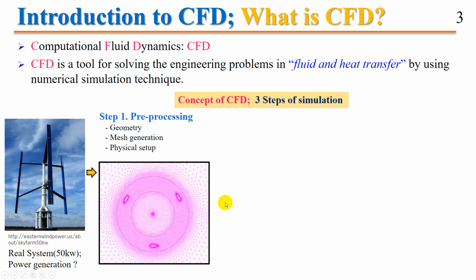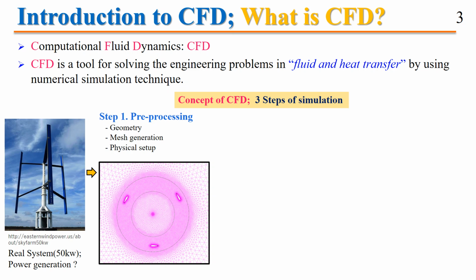In this case, we can model the three-dimensional problem as two-dimensional to reduce the computational cost. This is the first step, the geometry generation.